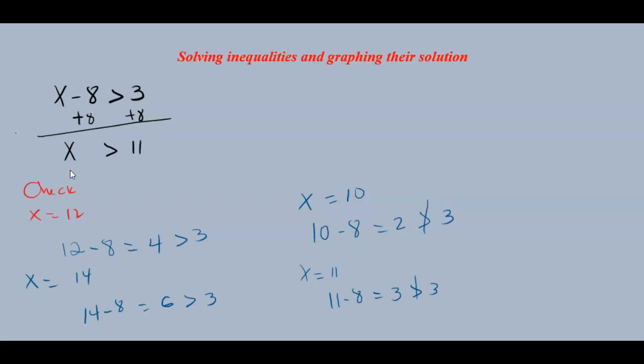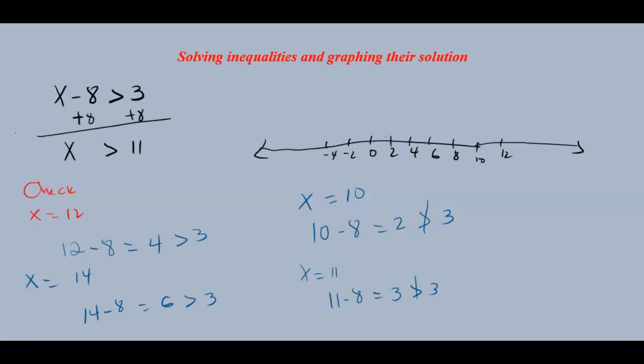So how do we graph this? Let's say that's 0. That's 2, 4, 6, 8, 10, 12, and so on and so forth. And that's negative 2, negative 4.